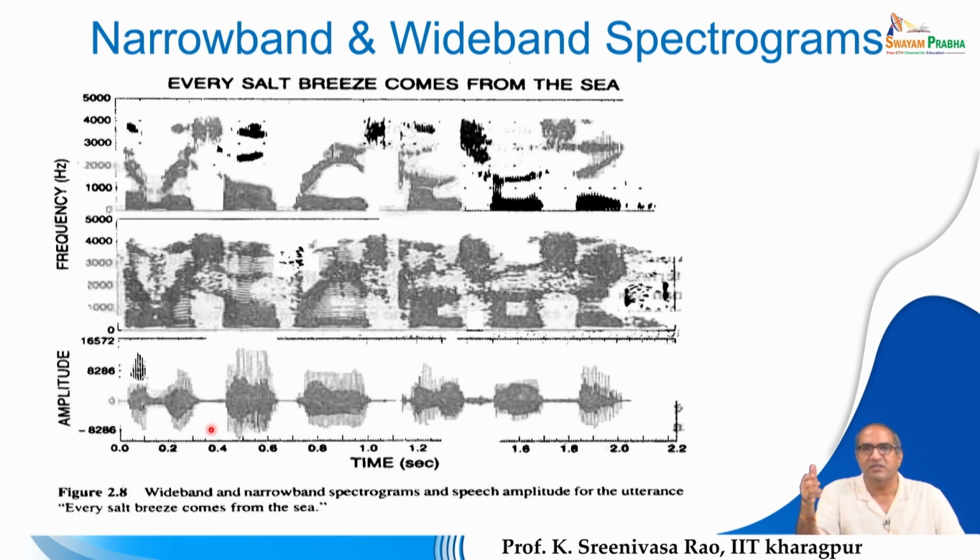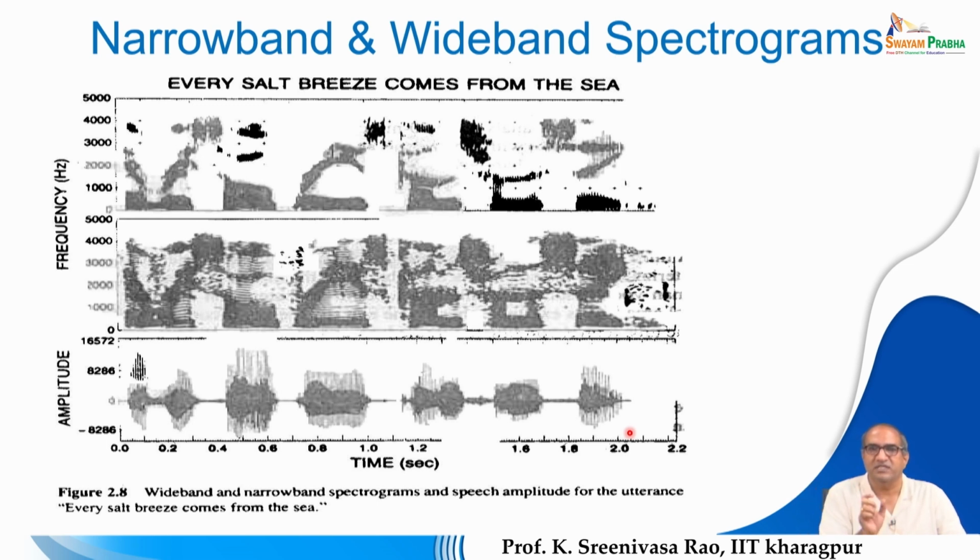Suppose you move the frame every 1 millisecond. Since the signal is 2 seconds, that means there are about 2000 milliseconds, so this total signal is divided into 2000 frames. Each frame duration equals 20 milliseconds, but they are overlapped frames.